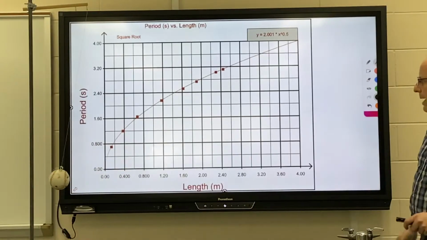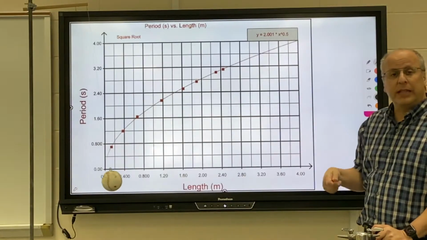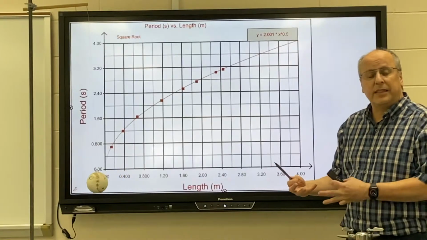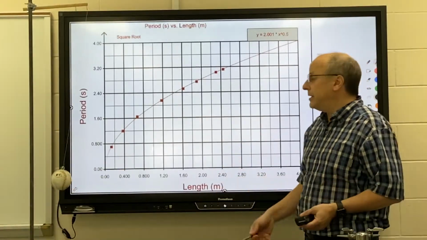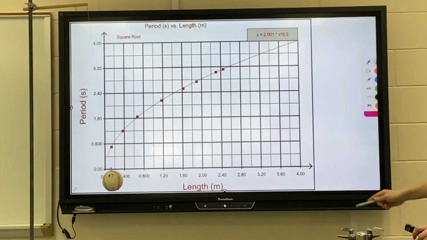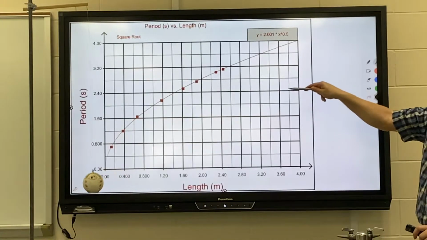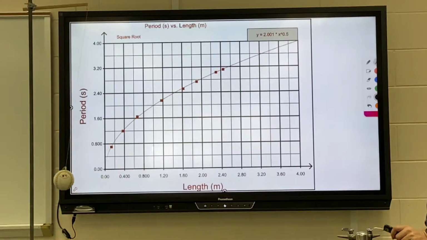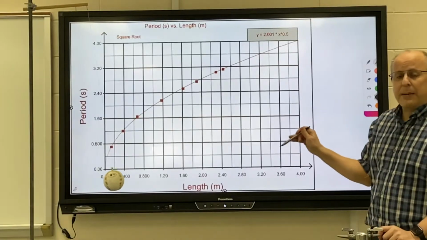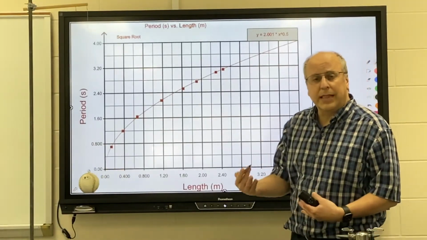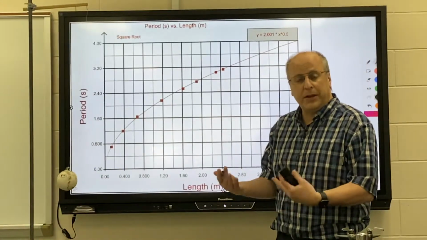We did in lab period and length, and we saw that length was indeed one of the things that affected the period of the pendulum. We saw that as length got longer, the pendulum took longer to swing back and forth. We see that it's not proportional, so doubling the length does not double the period.